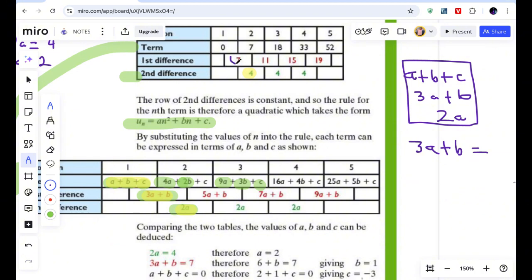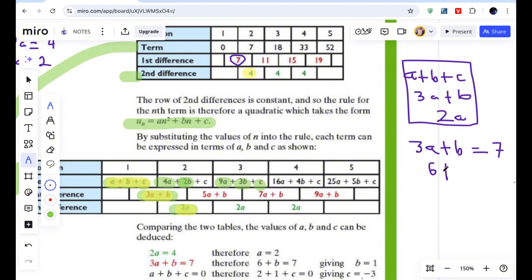So you just say 3A plus B equal to 7. Please pay attention, I'm giving you a trick. We already calculated A. A was 2, right? So 2 times 3, we get 6 here. Don't ask how we got 6. We already calculated A just now: 2A equal to 4, A equal to 2. So 2 times 3, we get 6.